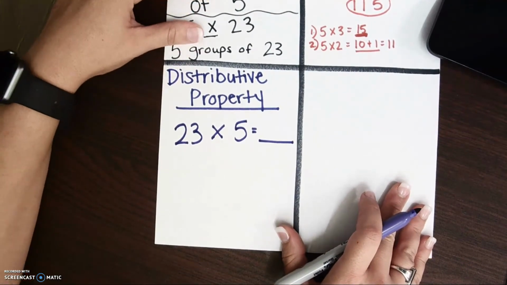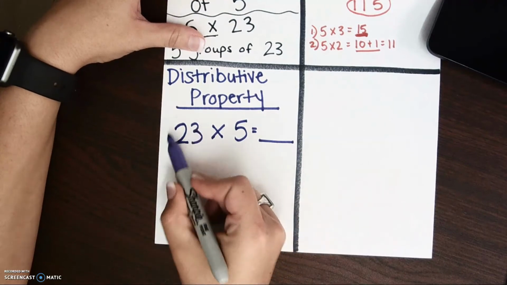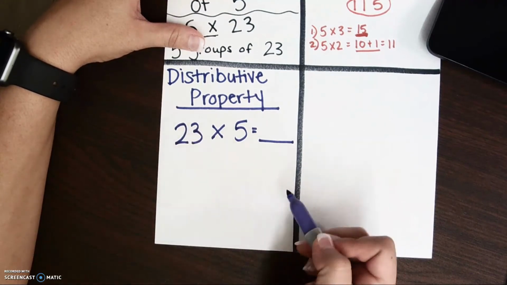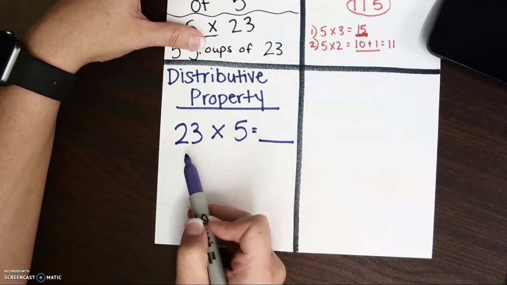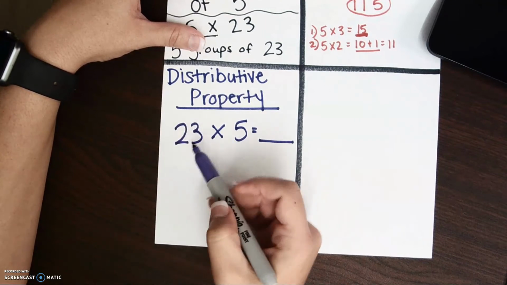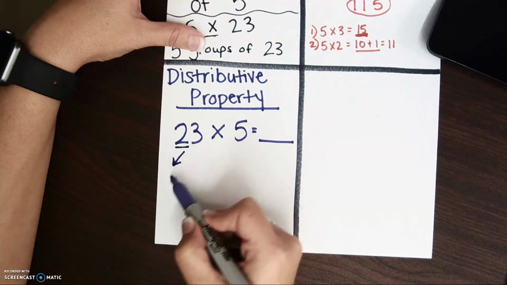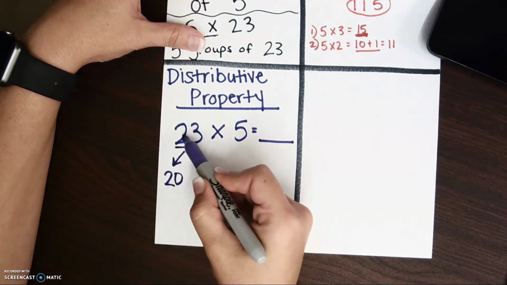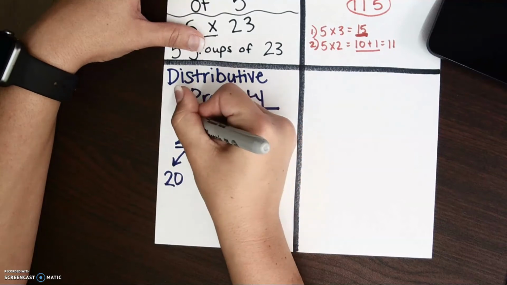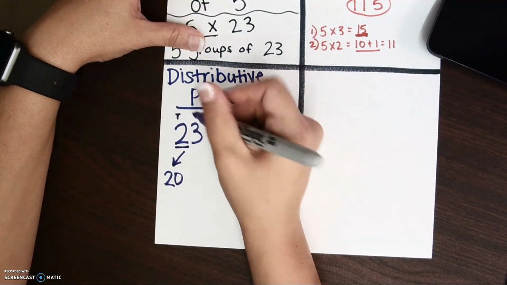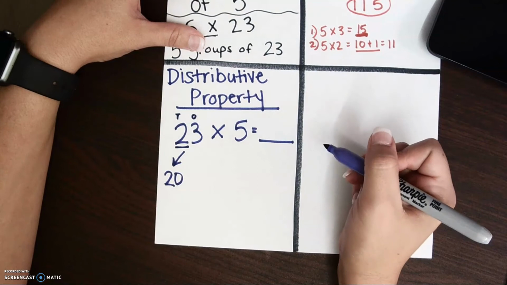So when we do the distributive property, we want to take the biggest number and split it up into the different place values. So if I have a 23 here, I know my 2 is worth 20 because it's in the 10 spot. And if you can't remember that, you can put a little T for tens, and a little O for the ones spot.